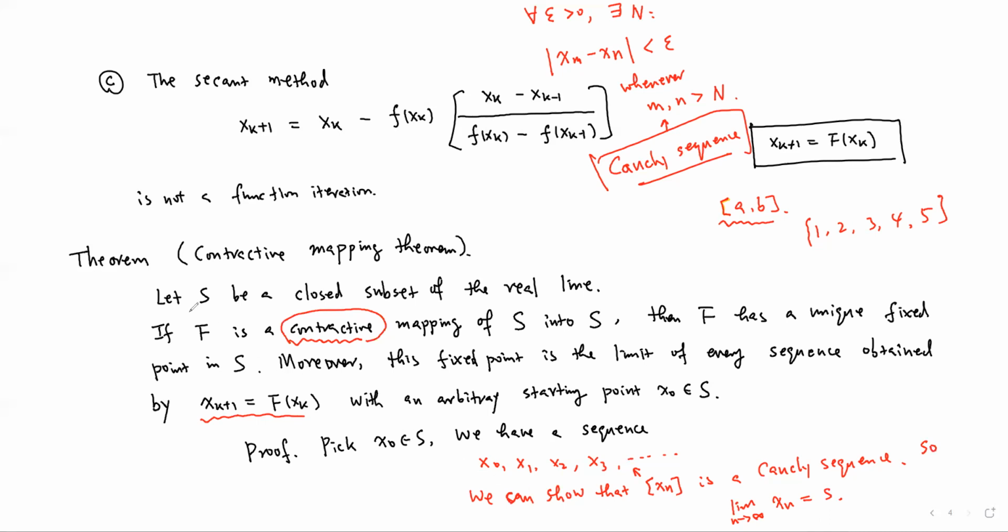Here, we assume the set is a closed set, and also the mapping F maps S into S. That means that in this sequence, each point is in S. The starting point is in S. Because capital F maps the set S into itself, x1 is also in S. Every number in the sequence is in S. Now the sequence converges to some point s, and S is closed.